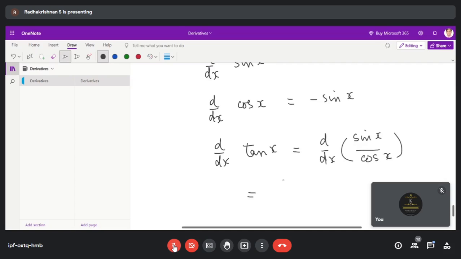So we write cos x into d by dx of sin x, which is again cos x, so cos x into cos x, minus sin x into d by dx of cos x, which is minus sin x.